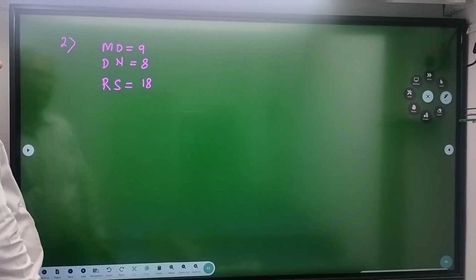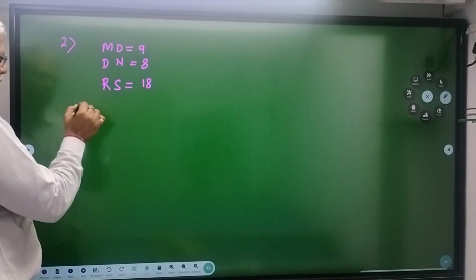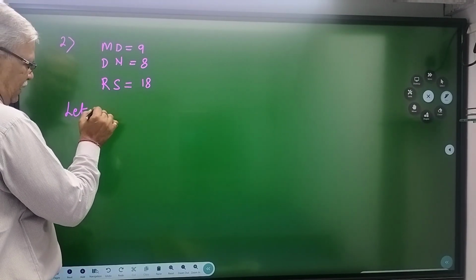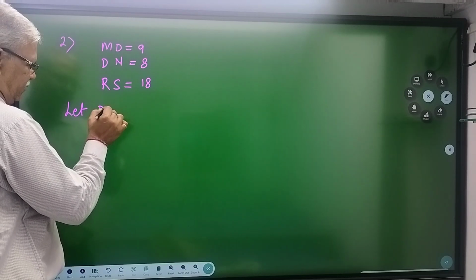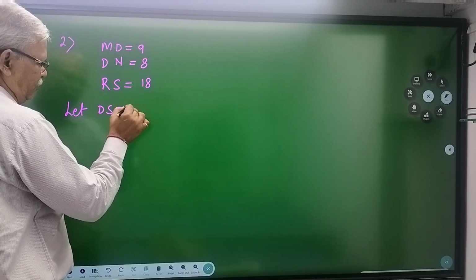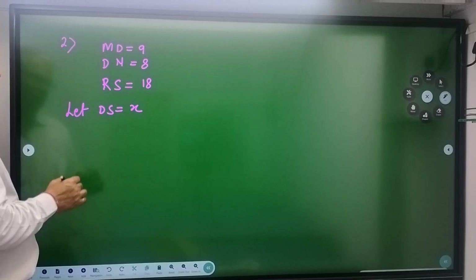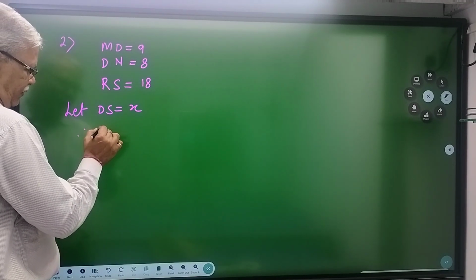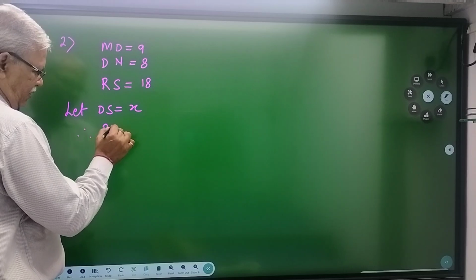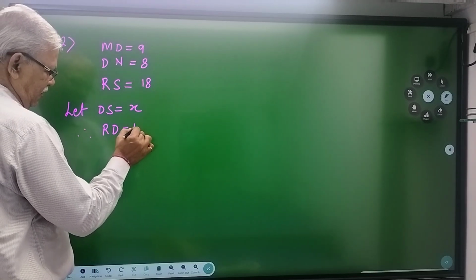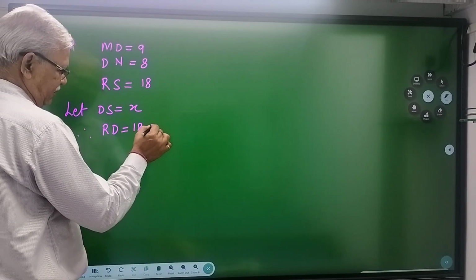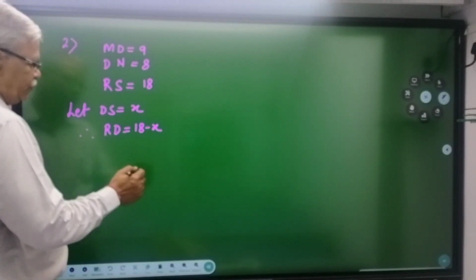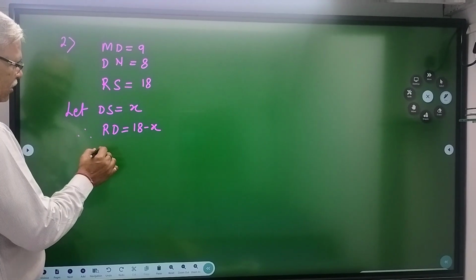Okay, here we will consider, let DS is equal to x. Therefore, here RD will be 18 minus x.